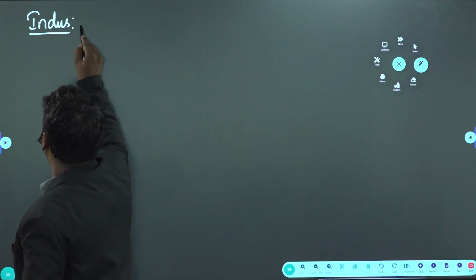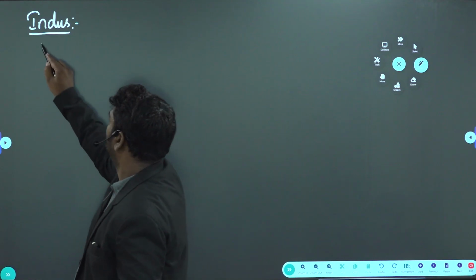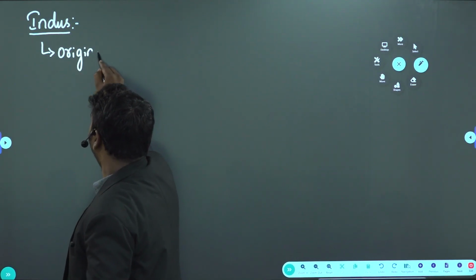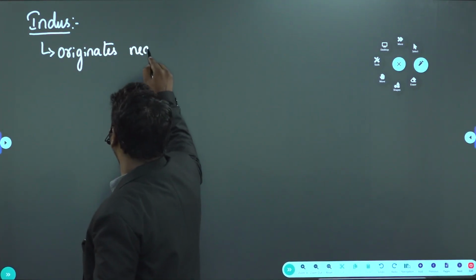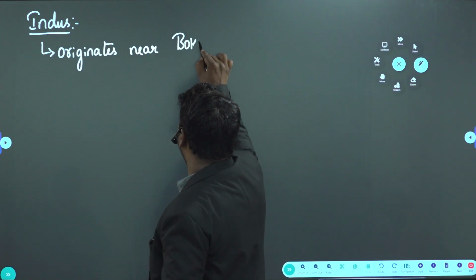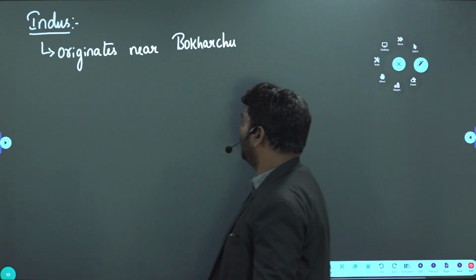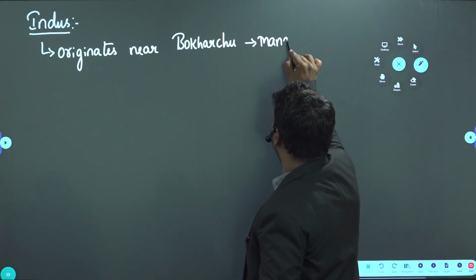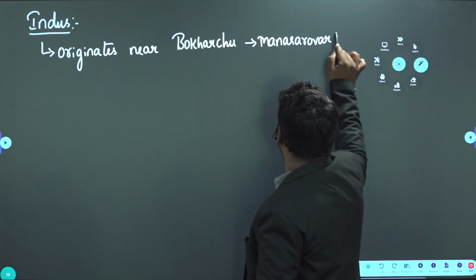Indus originates near Bokarchu Glacier, Manasarovar in Tibet.